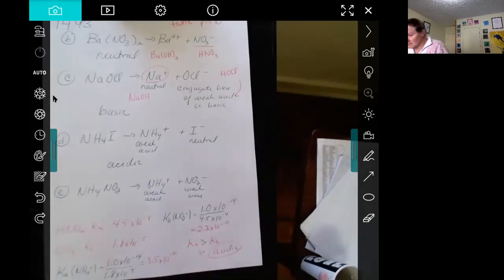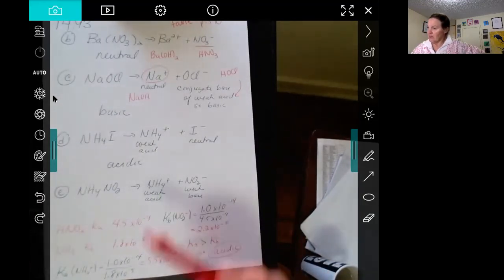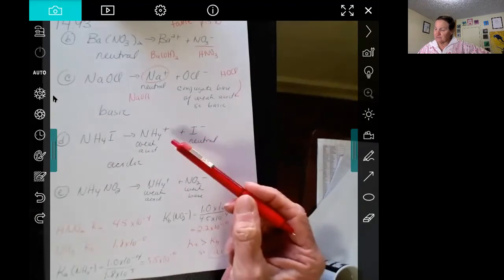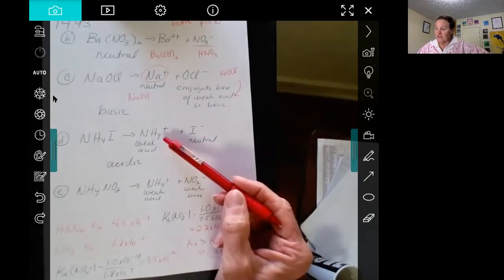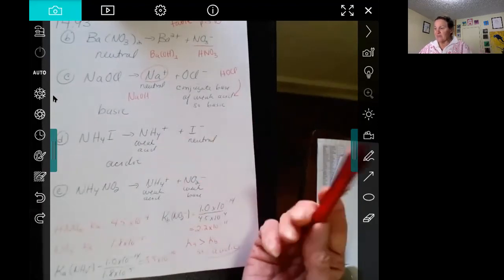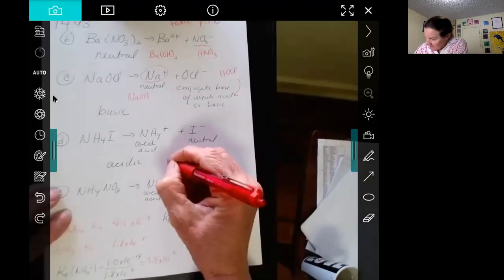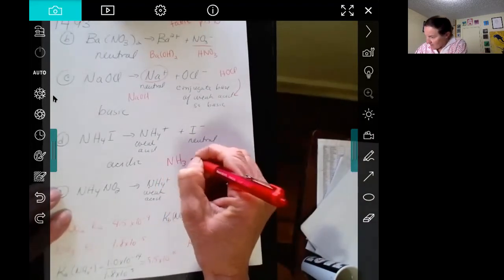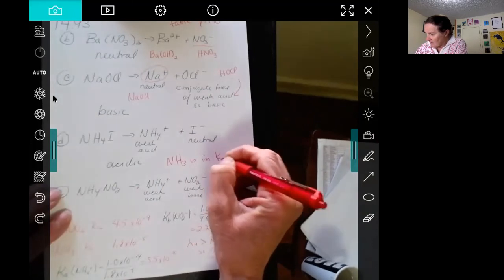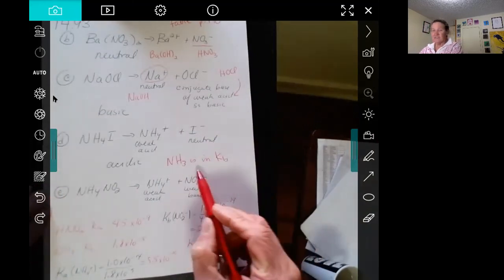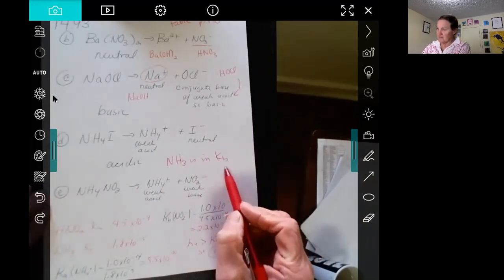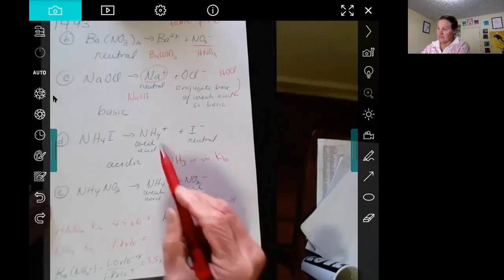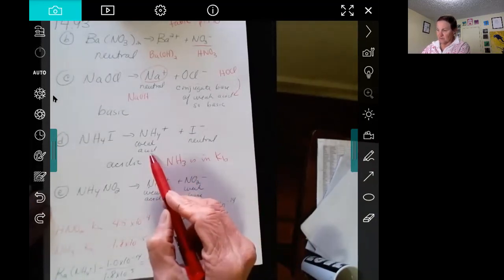So the last couple here, ammonium iodide. If we look at this guy, it's a weak acid. The reason I know it's a weak acid is because NH3 is in the Kb table. So if NH3 is a weak base, then if it picks up a proton, that conjugate acid is a weak acid.